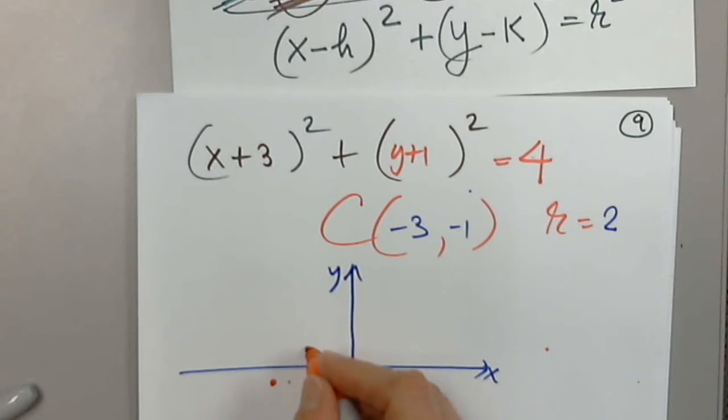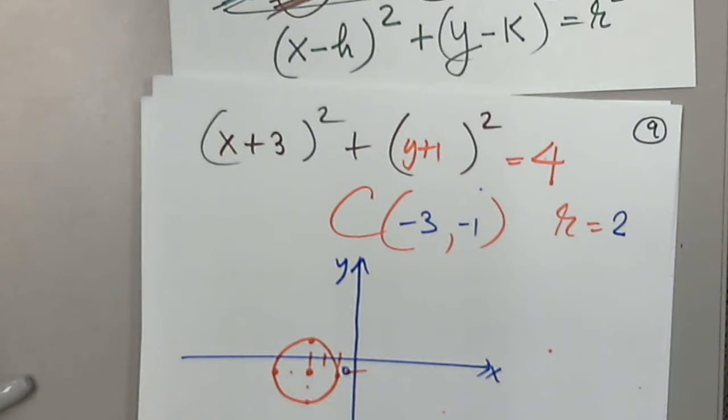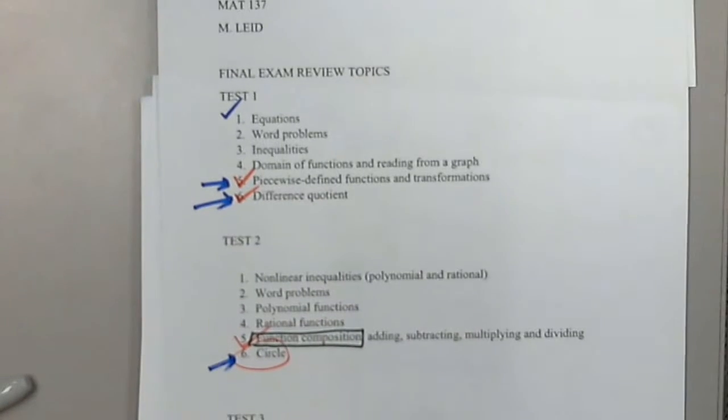And this is the circle. Center negative 3, negative 1 with a radius of 2. Any questions? So this was the circle.